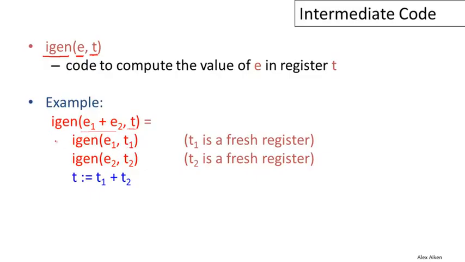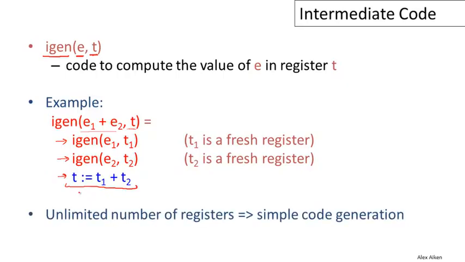So I'll generate code for E1 and store that in some register T1, and I'll generate code for E2 and store the result in some register T2, and then we can just compute the sum. So T will be equal to the sum of T1 and T2, and notice that this is a 3-address instruction. So we're sticking to the rules here and only using 3-address instructions in our intermediate code generator.